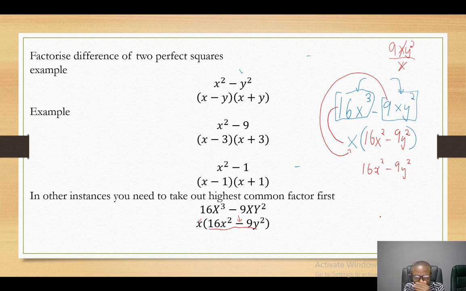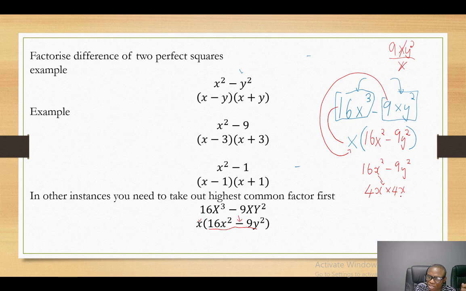So what you do, check, is 16x squared a perfect square? It will be a perfect square if there exists a number which when we multiply by itself, it gives us 16x squared. What is it? It is 4x. If you take 4x and multiply by 4x, you will get 16x squared. 4 by 4, it's 16.